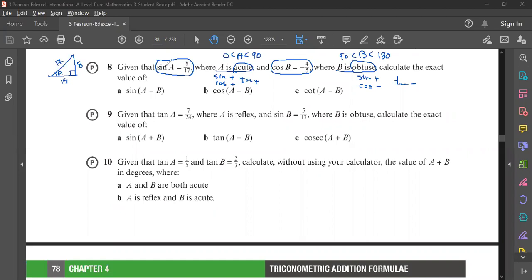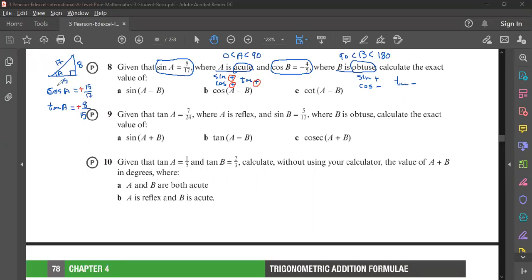Sine A is given in the question anyway. Cosine A is how much? I'm waiting. 15/17. Excellent. Tan A is how much? 8/15. And because of this they are all positives.